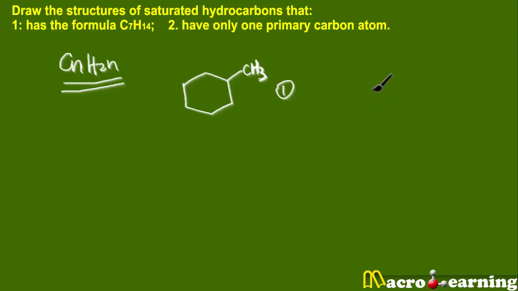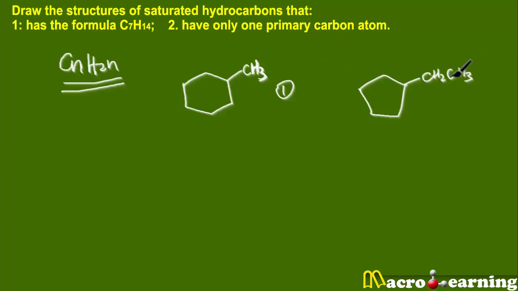So the next possibility would be based on a 5-membered ring and an ethyl group as the substituent, right? It could only be one ethyl group as the substituent rather than 2 methyl groups, because that way you would have 2 primary carbons.